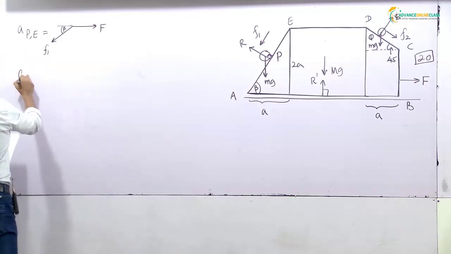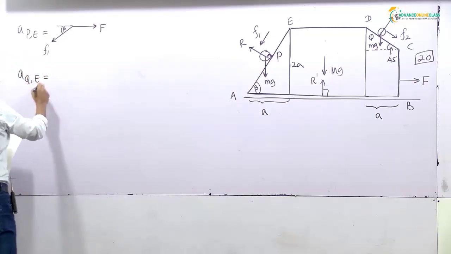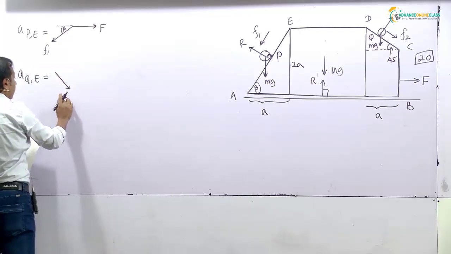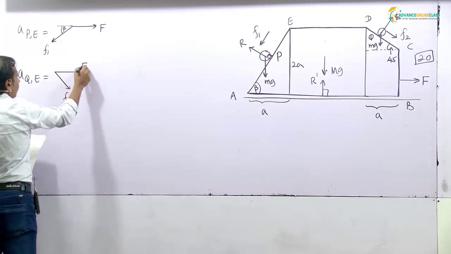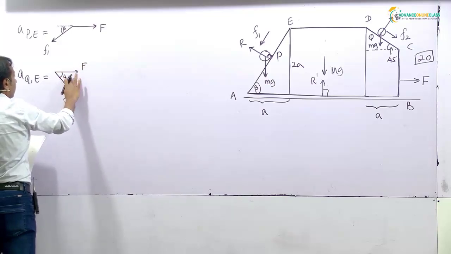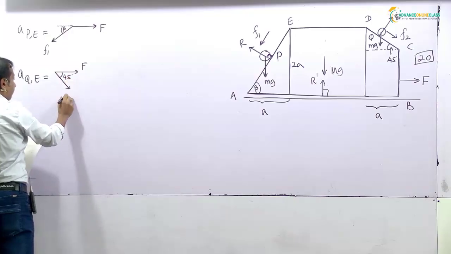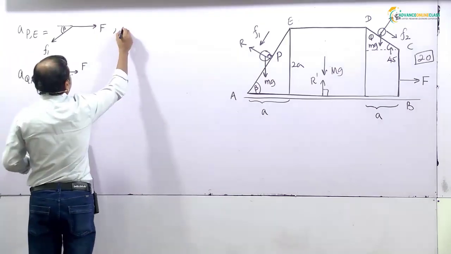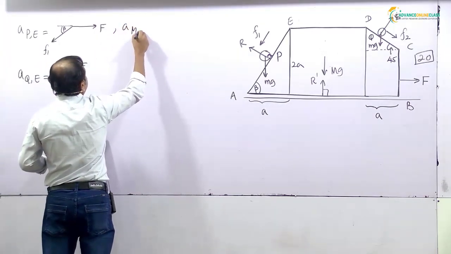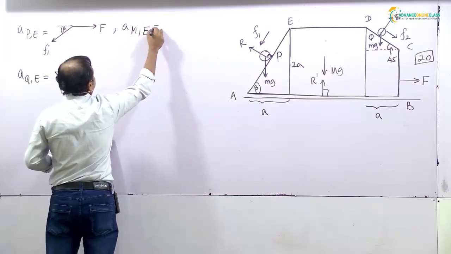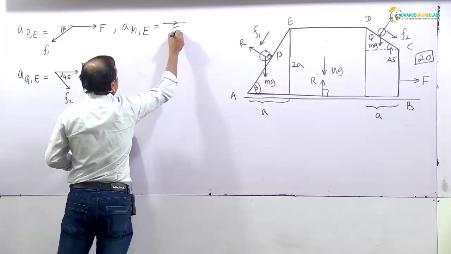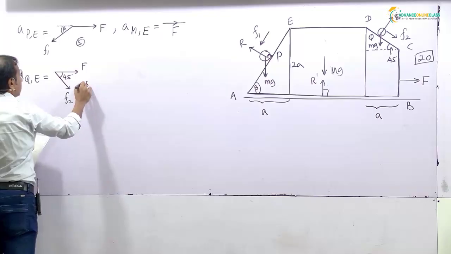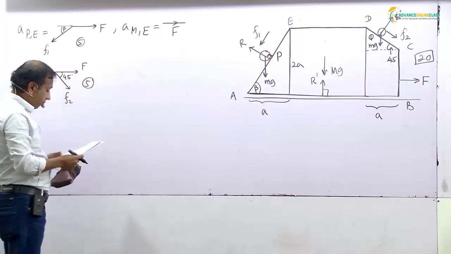Q: F2 this way, capital F this way. This is 45. Acceleration of capital M, that means the wedge, relative to Earth is in this direction, capital F. For this, 5 marks. For this, 5 marks.